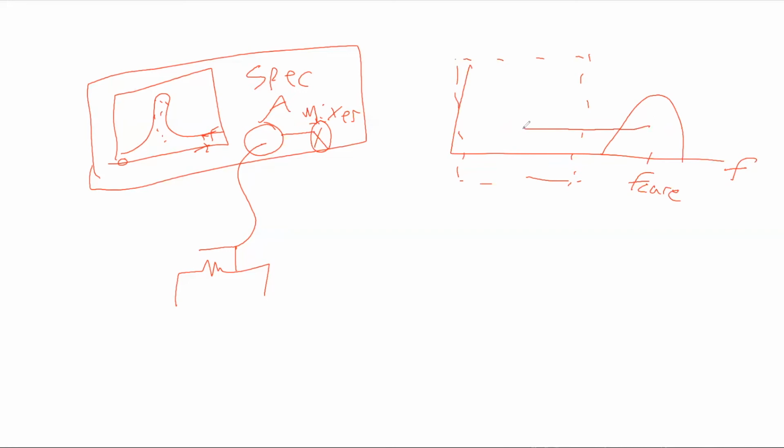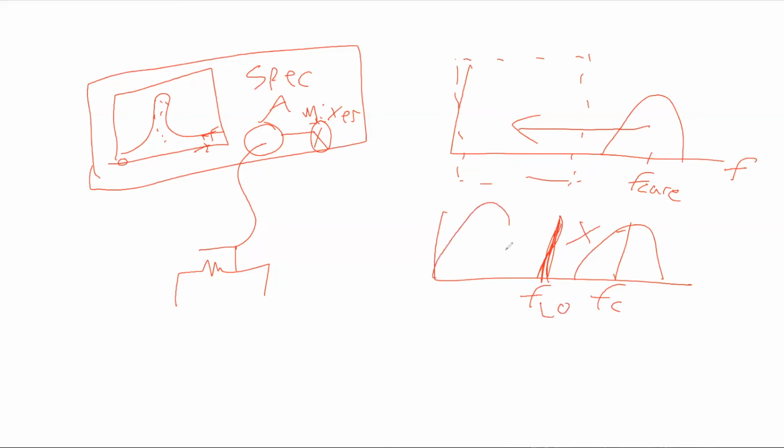So what we do is we move all this information down here. And that's done by doing multiplication. So we have this information here, and then we have something like a mixer signal we can do here. And by multiplying these together, we're able to shift. This is the F center. This is the F of the local oscillator.